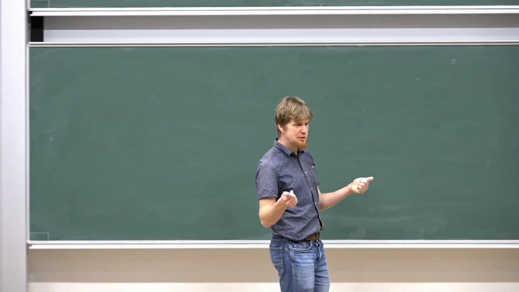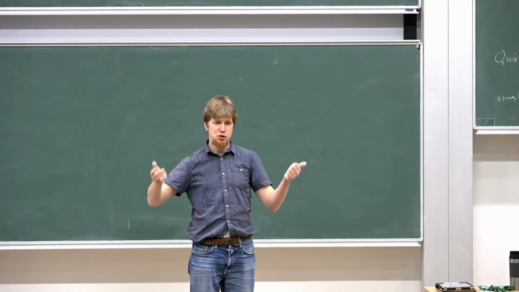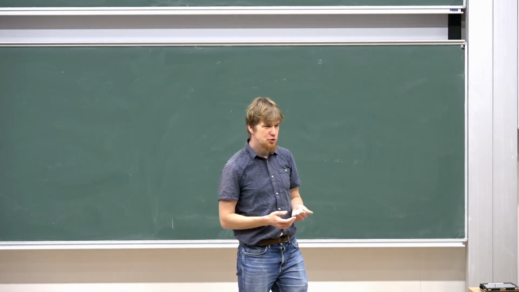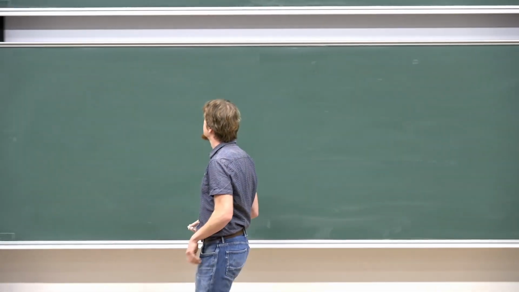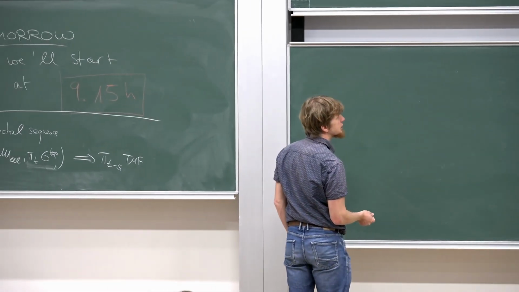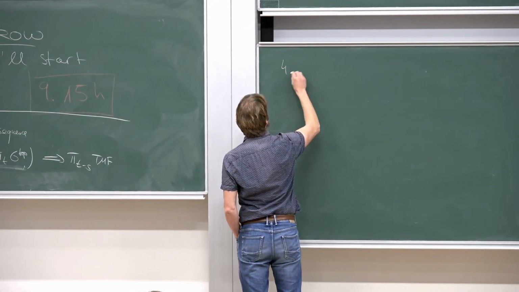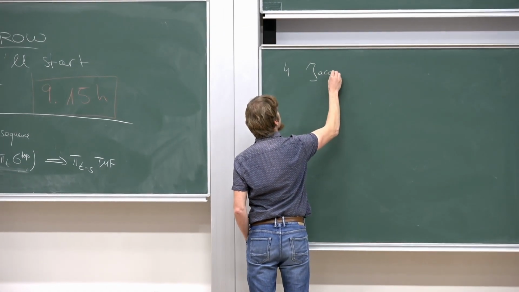So this multivariable theta function must be something more general or bigger. And this more general or bigger thing are called Jacobi forms. So we'll come to the last part, which is, I guess, part 4: Jacobi forms.